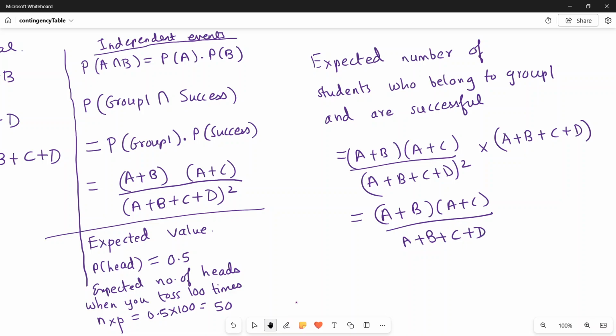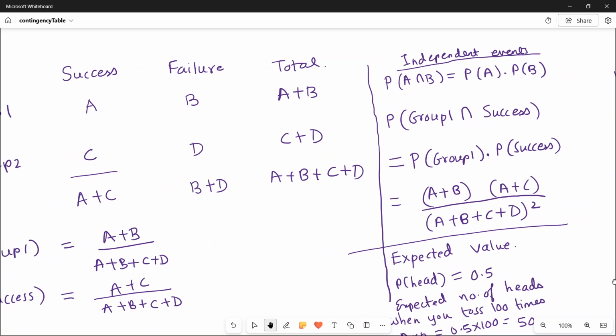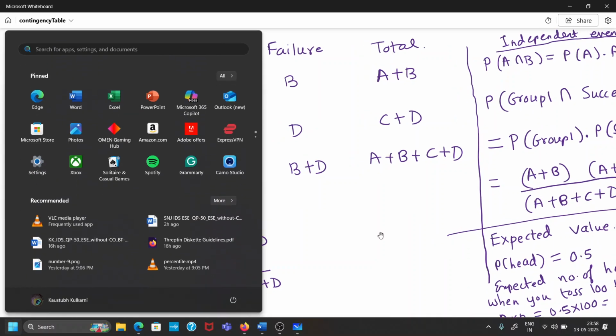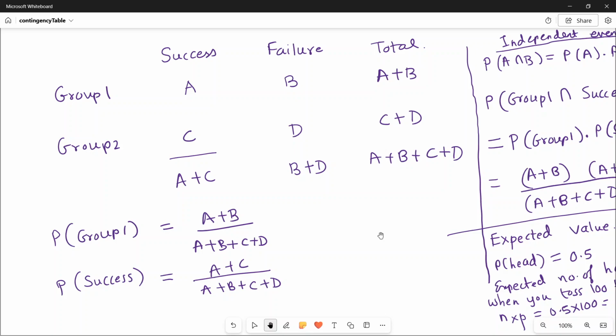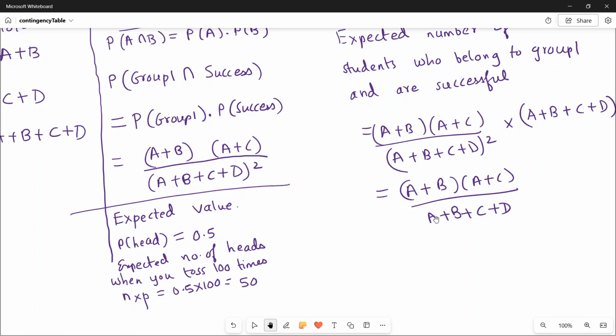Now if we observe the table, this was our table. What we have observed is that the number of successes is A, and this is our expected number.